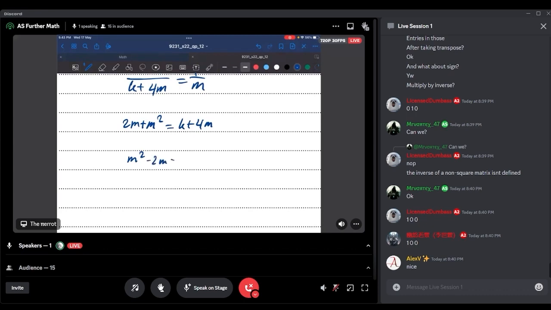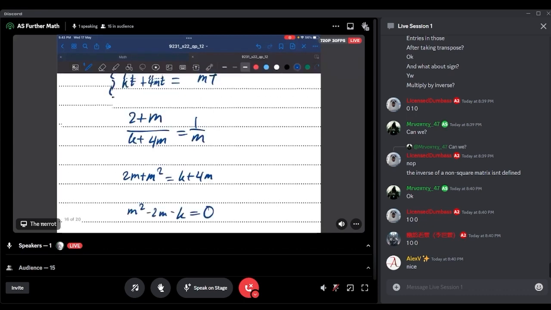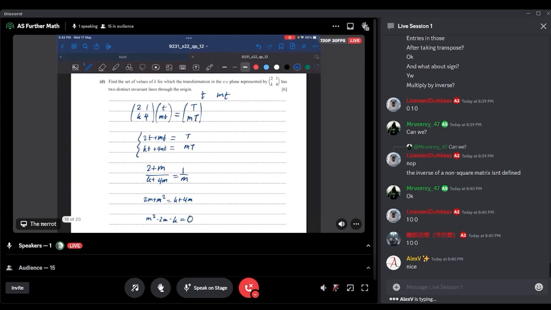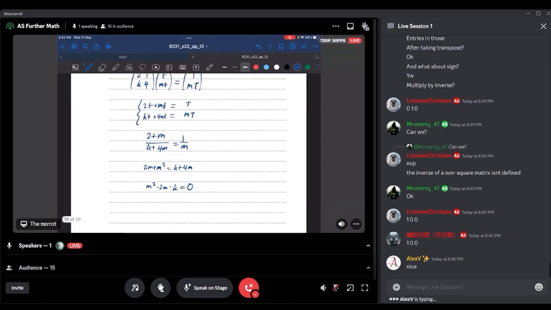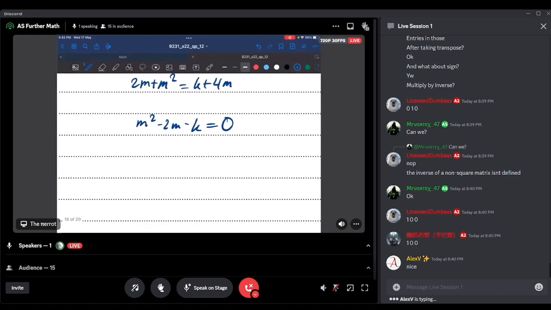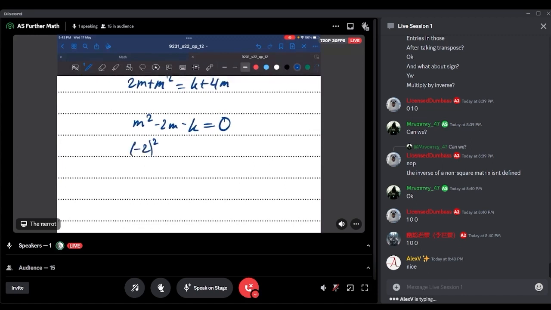You're going to find the values of k so that it has two distinct invariant lines. So it's basically asking when this quadratic equation has two roots. Therefore, we take the discriminant: minus 2 squared minus 4 times 1 times minus k is greater than 0. So 4 plus.